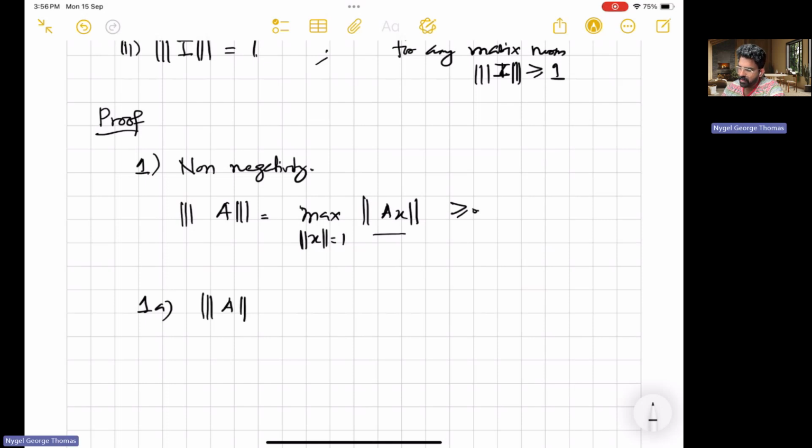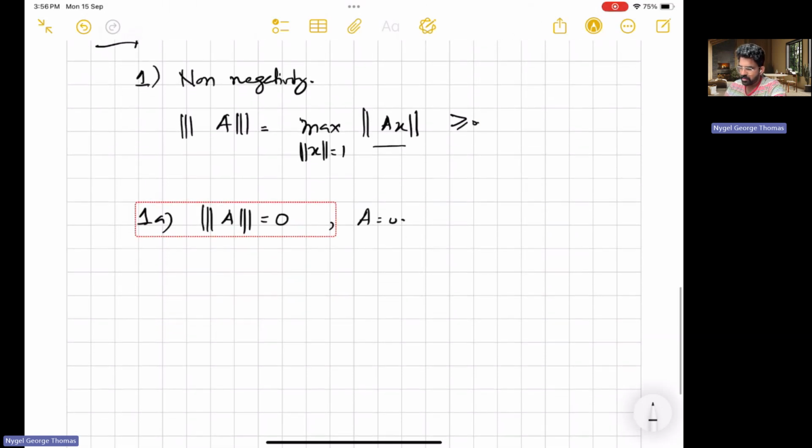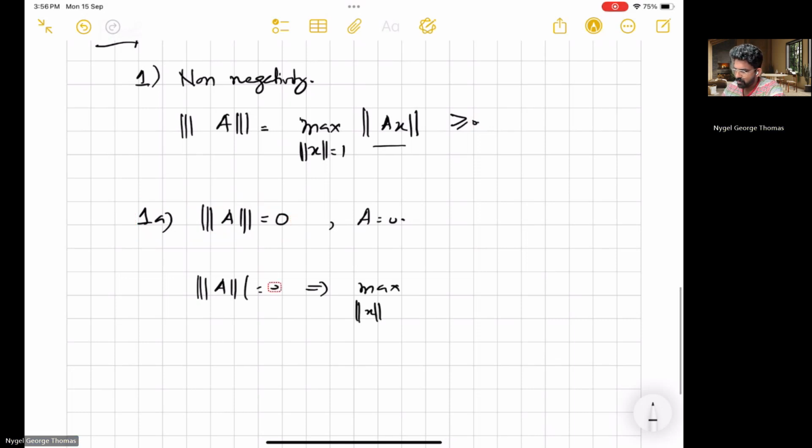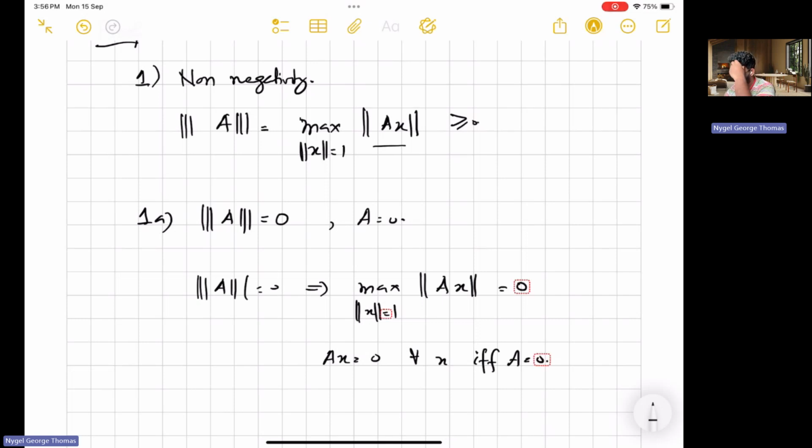Second is definiteness. If the norm of A is equal to 0, we have to prove that A is equal to 0. Norm of A equal to 0 implies the max of the norm of AX is equal to 0, which means AX is equal to 0 for all x, if and only if A is equal to 0. How do we prove this?